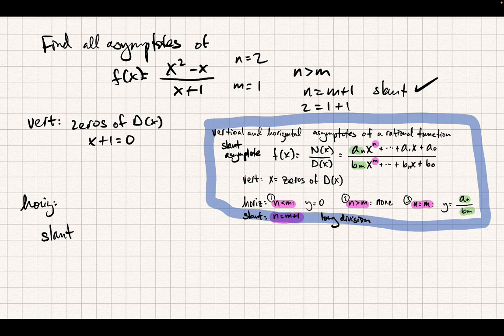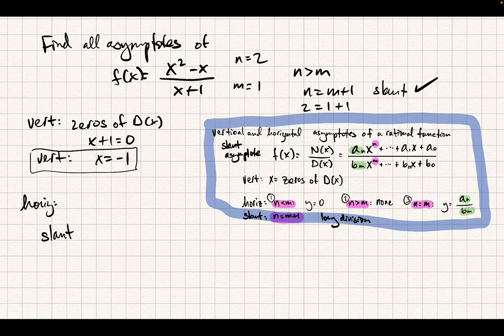So x equals -1, and that's your equation for the vertical asymptote.